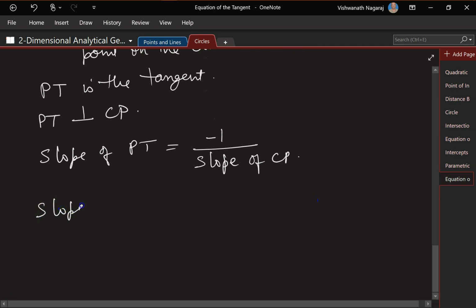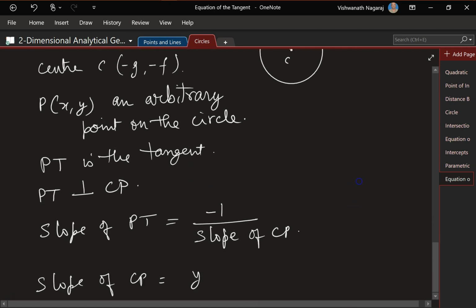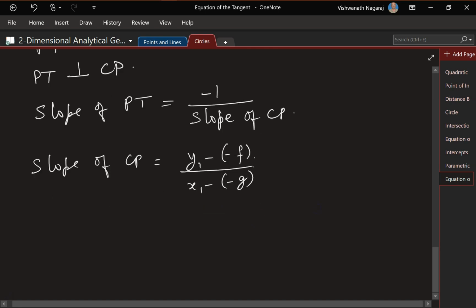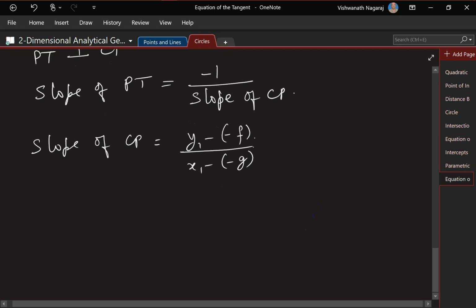And so now let's see, slope of CP is equal to what? By the way, this is x1 y1. Okay, so y1 minus (minus f) by x1 minus (minus g). Okay, minus f and minus g are the coordinates of the center. So this can be written as y1 plus f by x1 plus g.